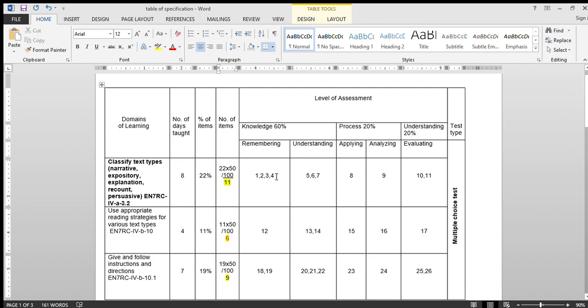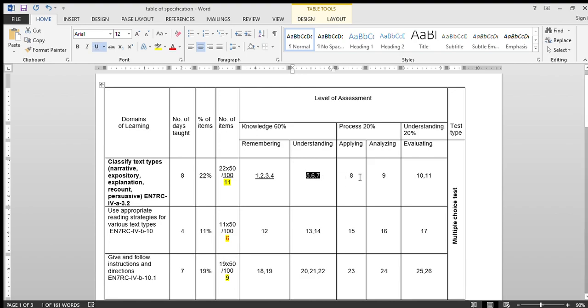Now, to distribute this, it's up to you where you are going to place the test items. In my case, I will place the numbers 1 to 4 in remembering. So I placed here 1, 2, 3, and 4. For understanding, I also put 5, 6, 7.